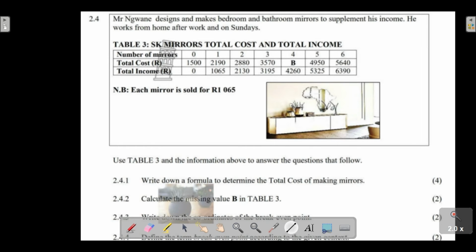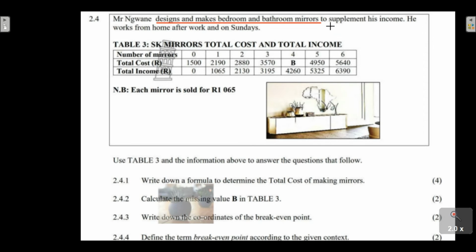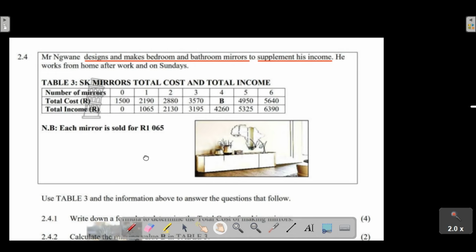So we have Mr. Ngwane, who designs and makes bedroom and bathroom mirrors to supplement his income. By supplementing his income, that means he already has a source of income. So maybe he's working and getting a fixed income. You have to think about these.